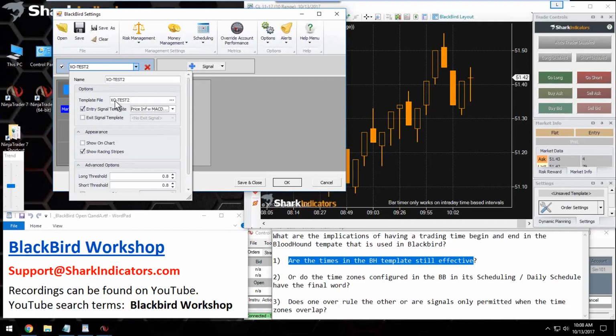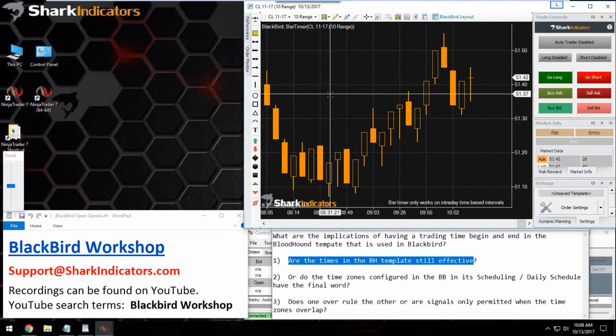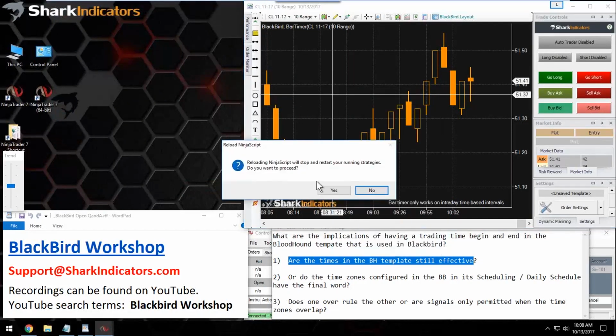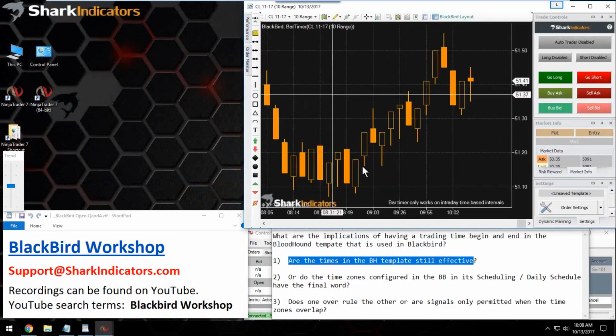Right, so BloodHound will produce its signals here, and to illustrate, let's get those BloodHound signals on the chart here. So in order to do that, we will have to reload the chart so that we can get NinjaTrader to reload the BloodHound indicator on the chart.